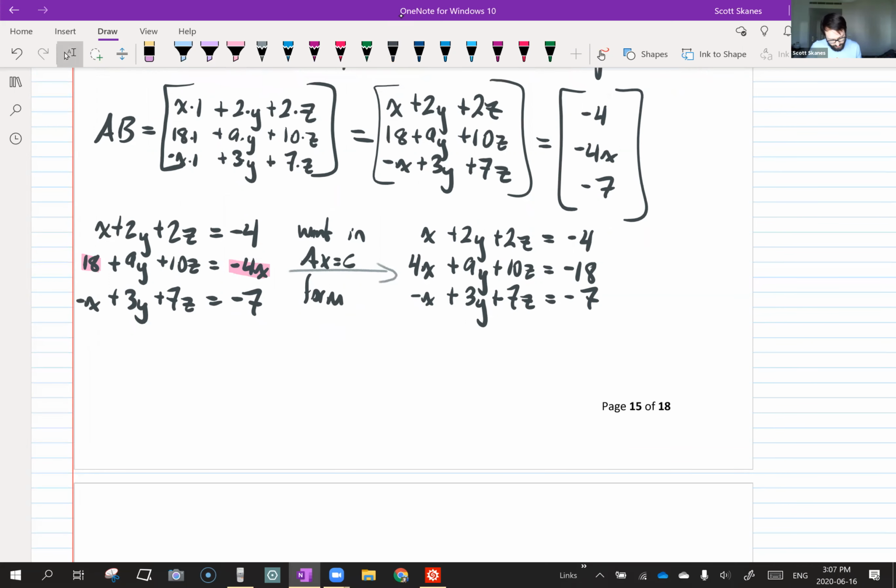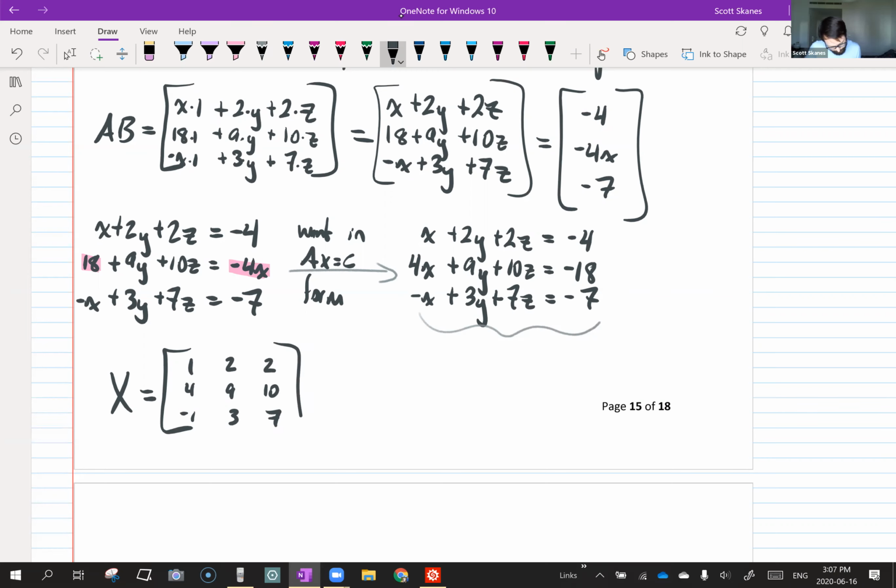So this is now in our AX equals C form. We'll set up our matrix in the proper form, okay? We'll say that A is equal to 1, 2, 2, -4, 9, 10, -1, 3, 7.